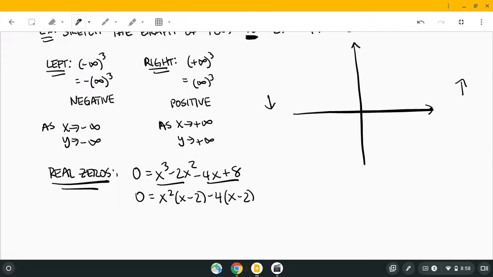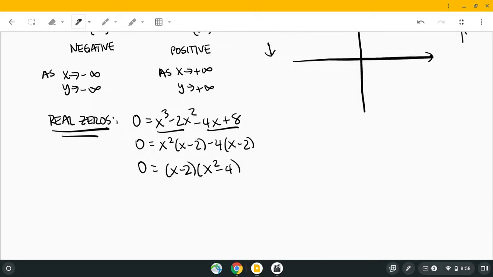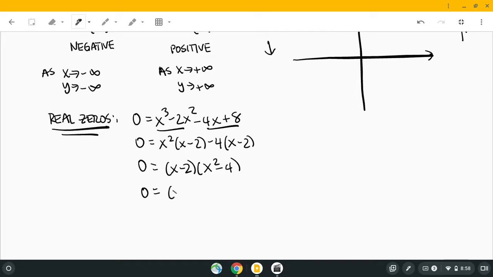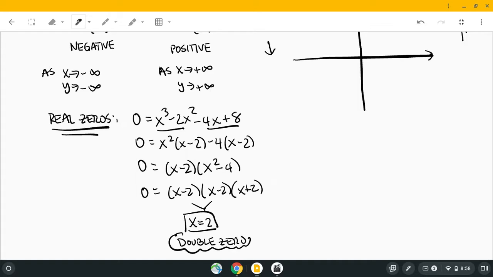The parentheses match, so I factor out x minus 2 and I'm left with x squared minus 4. That's a difference of squares, so x minus 2 times x minus 2 times x plus 2. Right here we have a double zero: x equals 2 is a double zero. x equals negative 2 is a single.